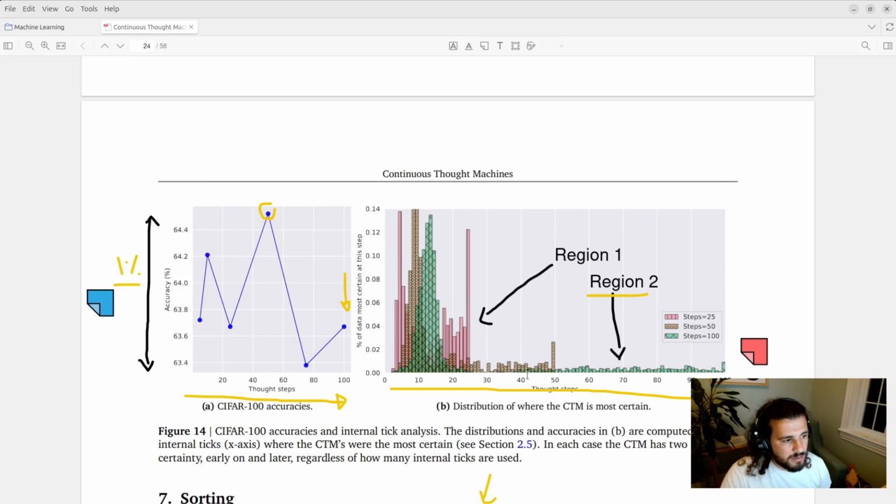And then there are some that are harder and need more time to think. These ones are easy, so the model doesn't need that much to tell that this is good. But these are the ones where it needs more time, and also more data to be more certain, because it has seen them before. So it indicates some sort of sparsity in the dataset about some feature or some element of it.